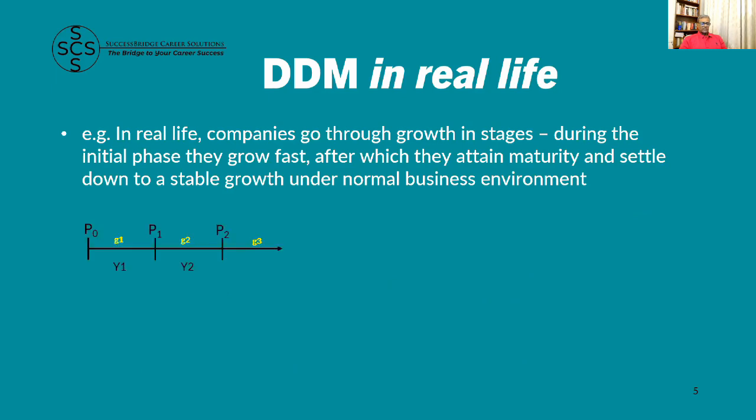So this is the diagram that exemplifies that particular situation. You have P0 as the current price, G1 as the growth rate in year one, G2 as the growth rate in dividends in year two, and then finally we have G as the constant growth rate in the stable period.